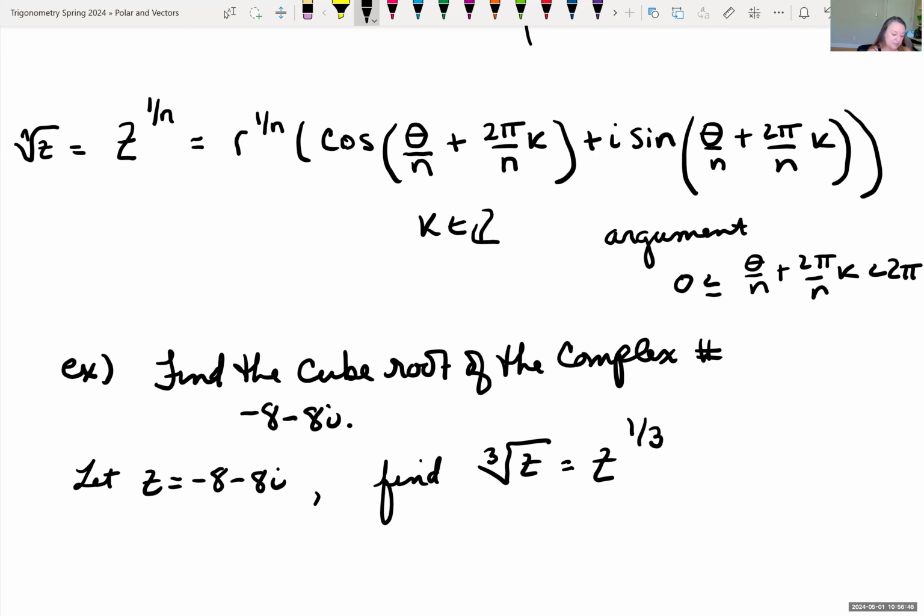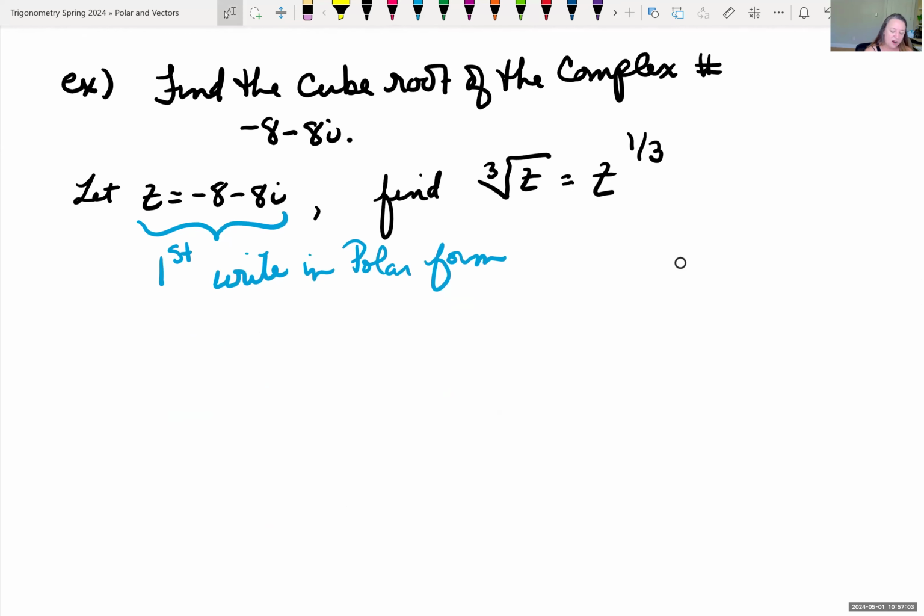So let's first write this in polar form. Let's first graph it and figure out what r is, figure out what theta is.